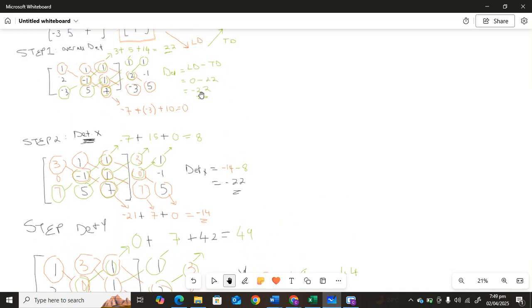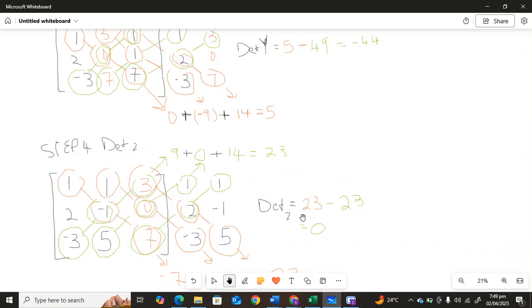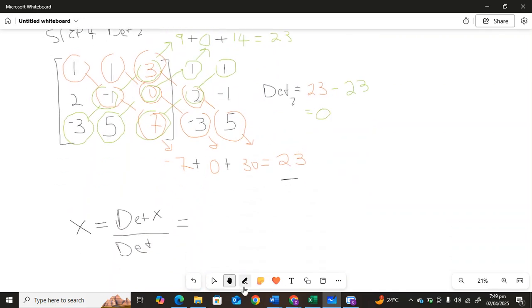Our overall determinant also negative 22. So it's negative 22 divided by negative 22. So our value of X is 1.